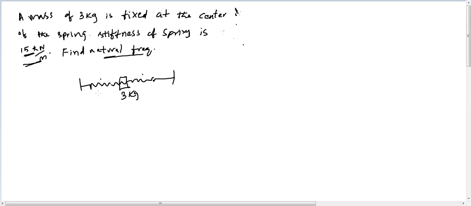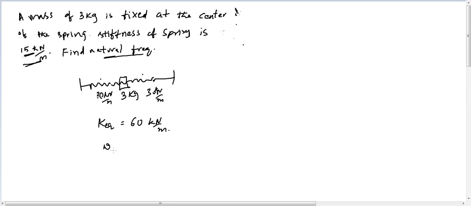So this will become 30 kilonewtons per meter, and here also it will become 30 kilonewtons per meter. And again these two springs are in parallel. So the total stiffness K equivalent will become 60 kilonewton per meter.